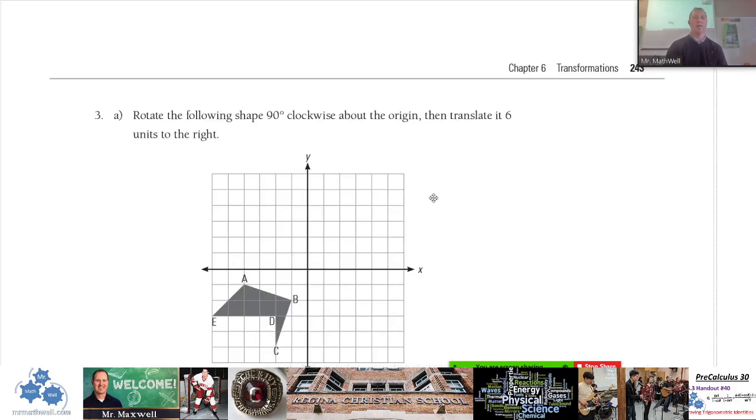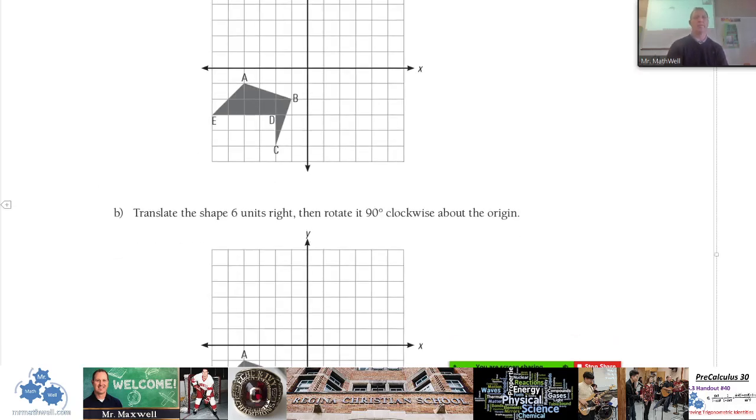Or rotate 90 degrees, then translate it 6 units to the right. So you don't have to worry about the order. Generally, if they don't tell you, you would do the stretches and dilations first, and then translate at the end. But I don't think you'll have to decide your own order.